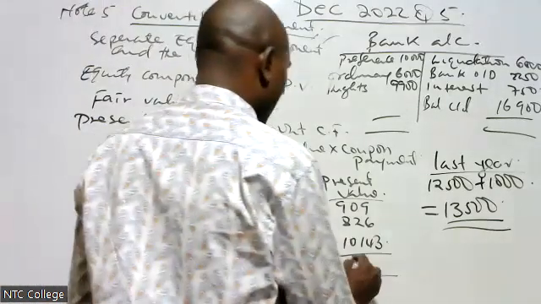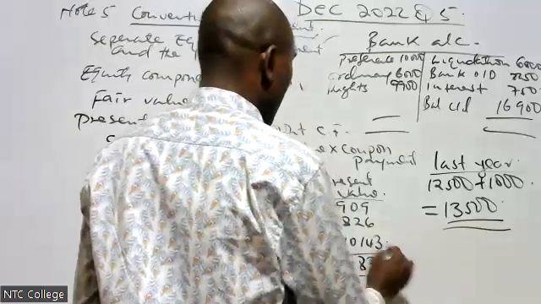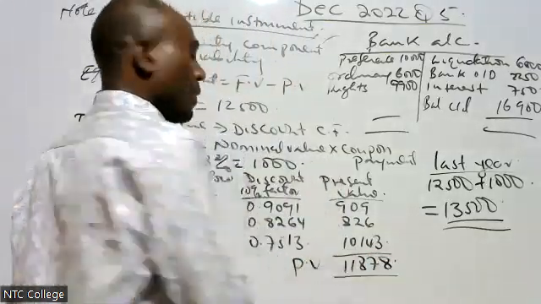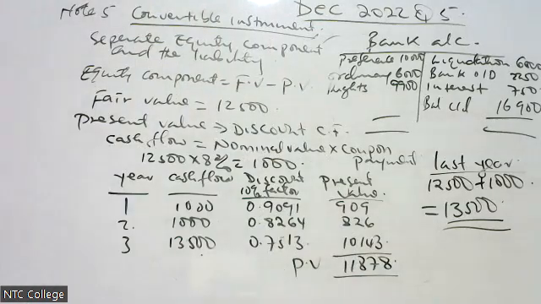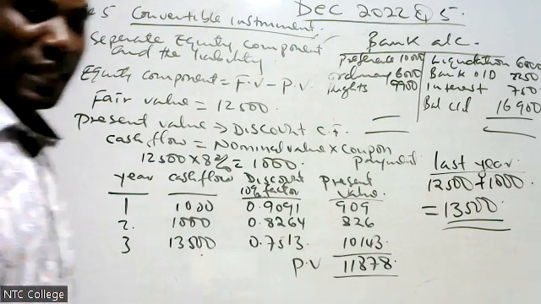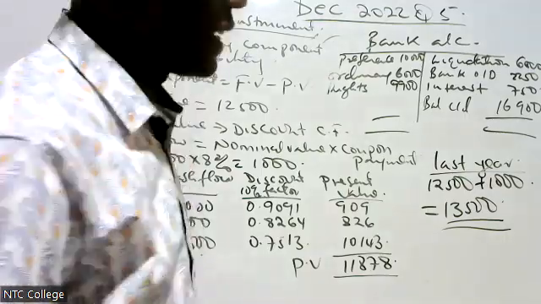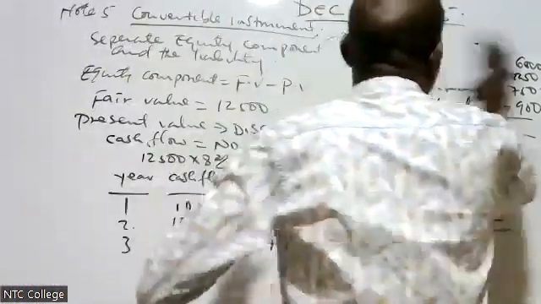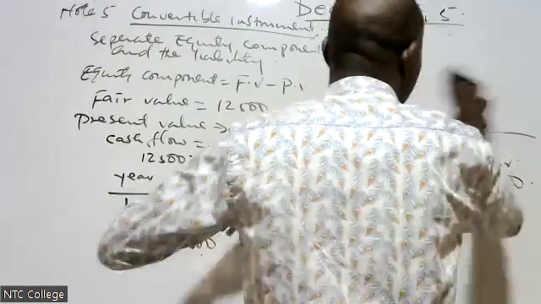I'm getting 11,878 as my present value. Then I get the equity component.